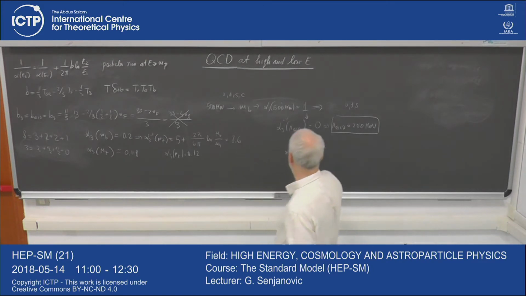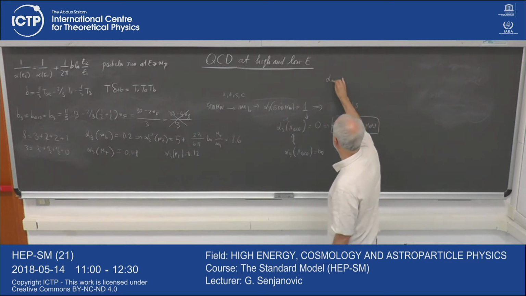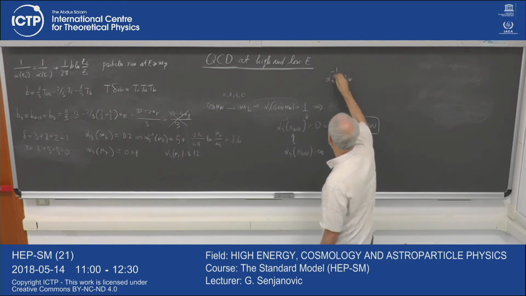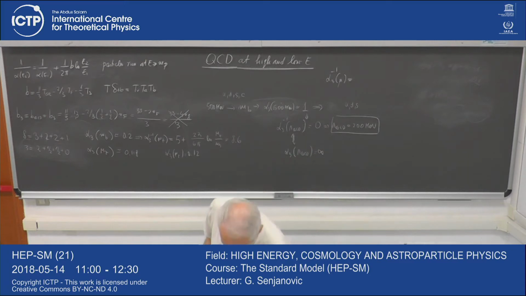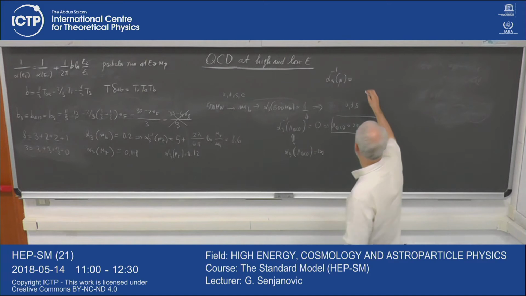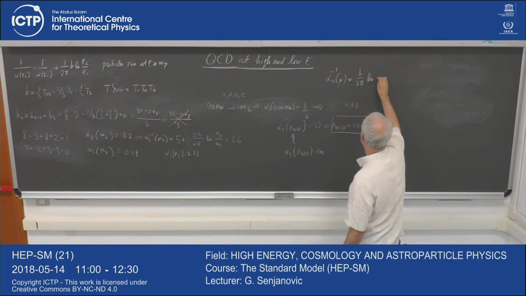By the way, if this is the definition of lambda QCD, then often you will see this formula that alpha 3 inverse of mu would be, from this formula, b over 2 pi logarithm mu over lambda QCD.